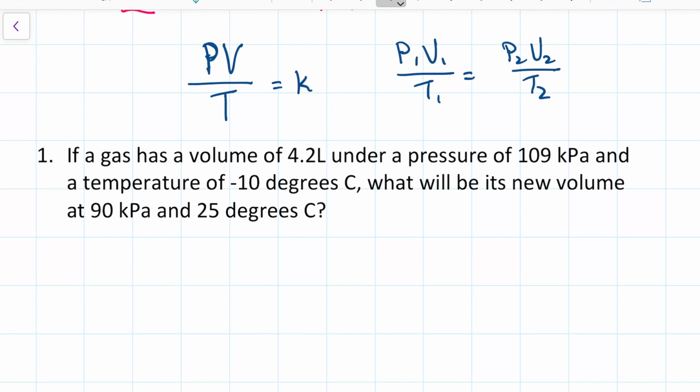It says if a gas has a volume of 4.2 liters, that's going to be our V1, under a pressure of 109 kilopascals, so this is going to be our P1.